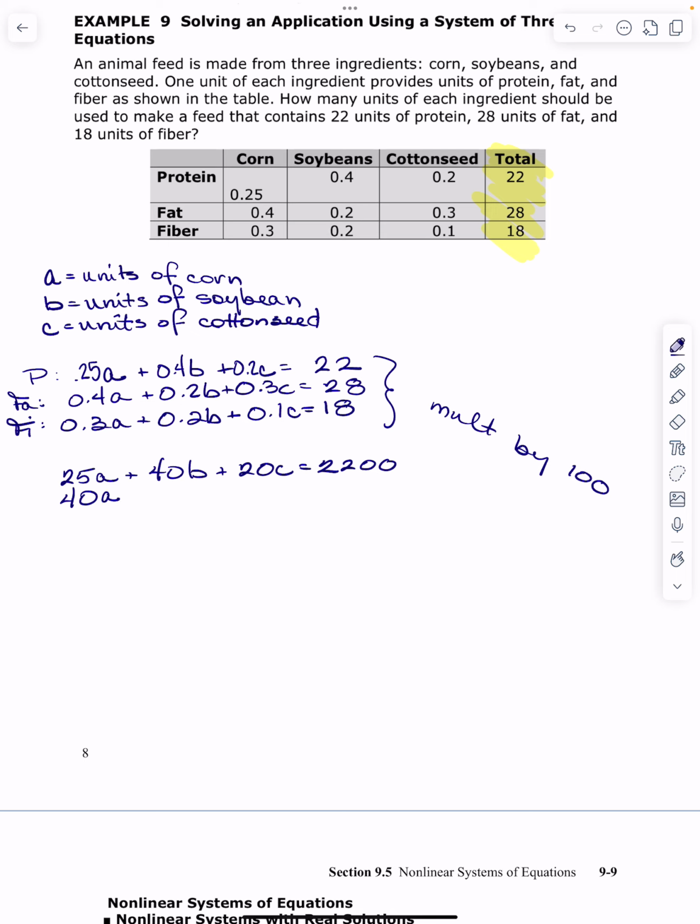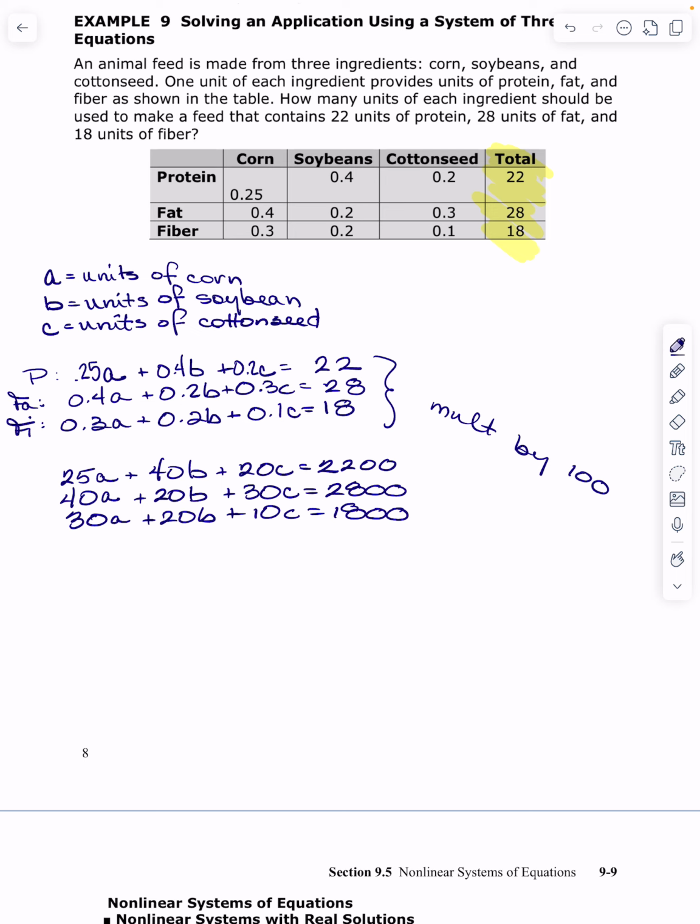I've got 40A plus 20B plus 30C. And I have got 30A plus 20B plus 10C is 1800. Numbers are kind of big, but they're all whole numbers and we can work with that.